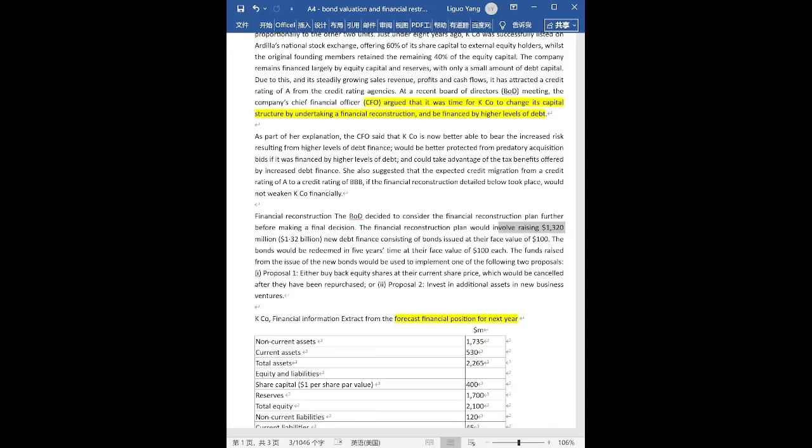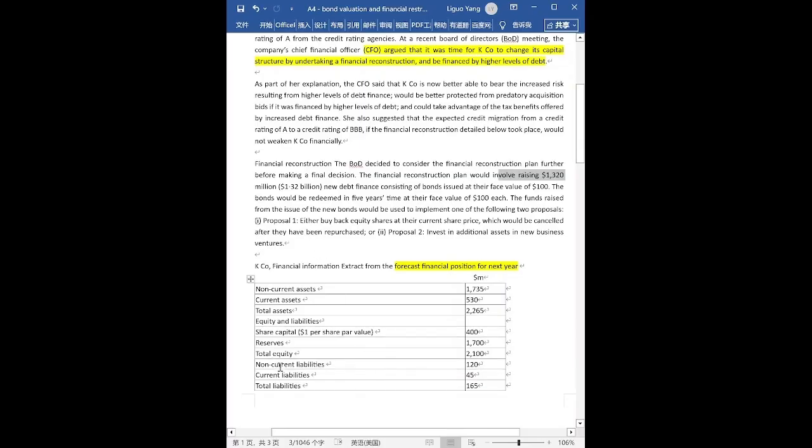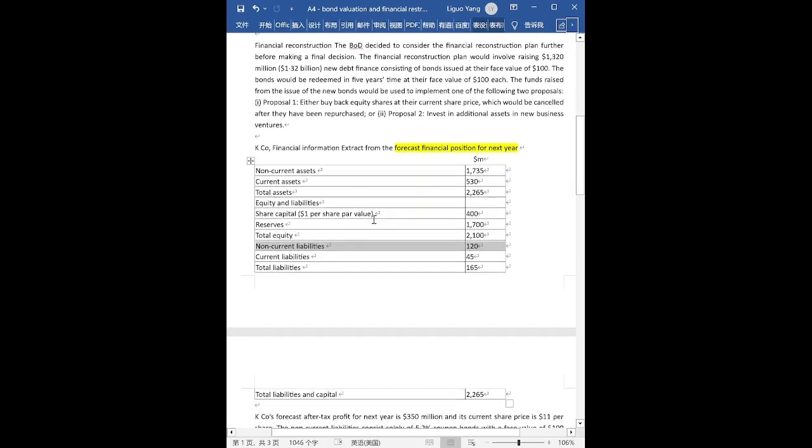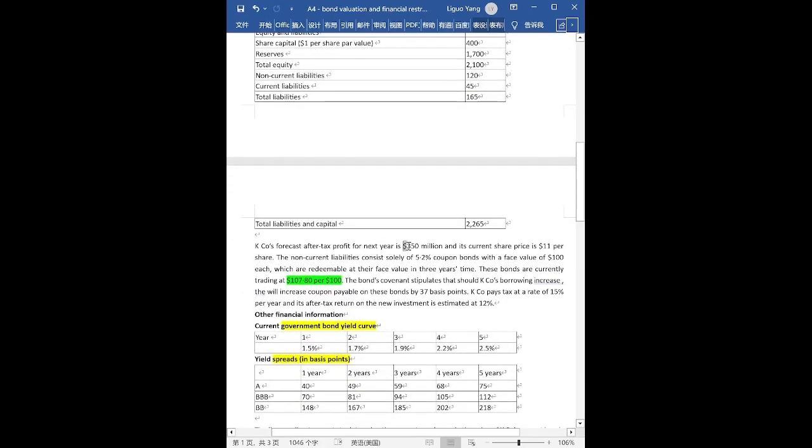And additional interest payable on existing liabilities of 120 million incurred as a result of the credit rating downgrade. Okay, we know from the context that the current forecast earnings is 350 million. Let's begin with it.